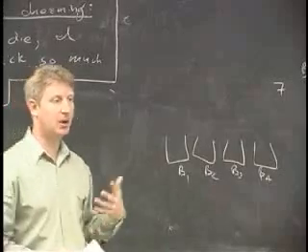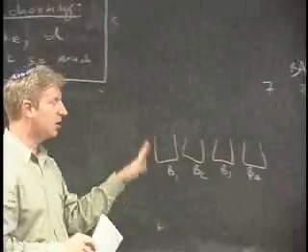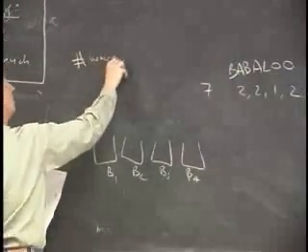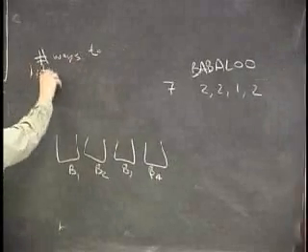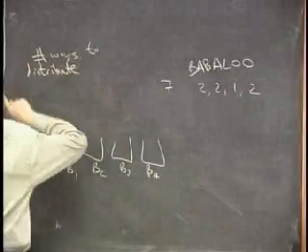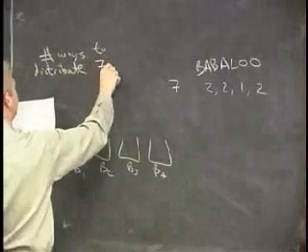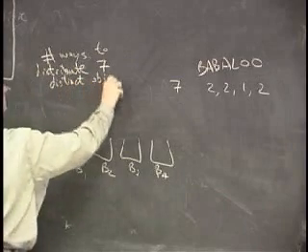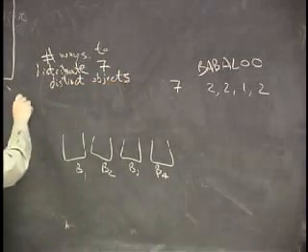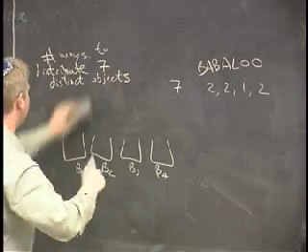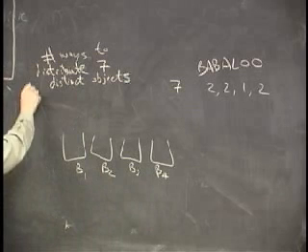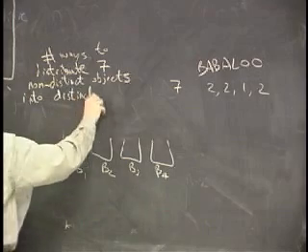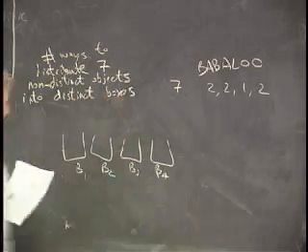But that's really the same problem, and I want to convince you of that. So I'll say it again, and I'll show you that these 2 problems are the same. The number of ways to distribute, well, I might not have said what I meant a second ago, so listen now. The number of ways to distribute 7 non-distinct objects into distinct boxes, I think this is what I mean.